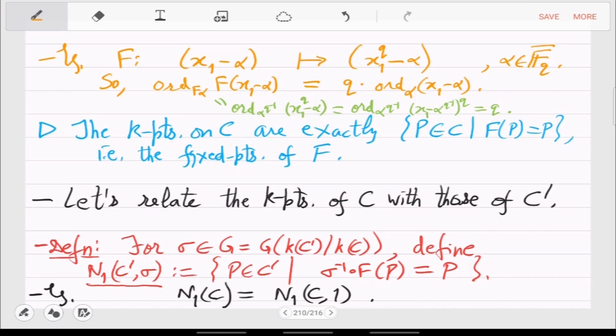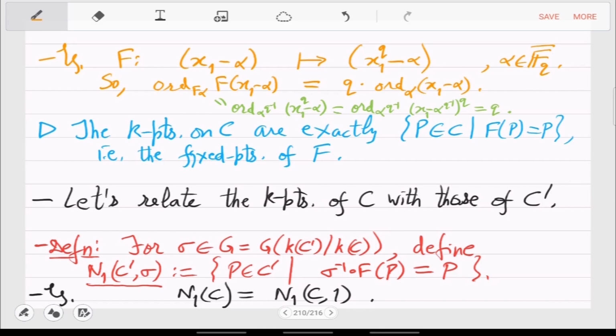So the action of f on the point and on the polynomial is consistent, and you can see that the order just gets multiplied by q. Okay, the valuation just gets multiplied. It is clear because in the image, whatever alpha is, this whole polynomial is a qth power of again something linear. So the order is getting multiplied by q.